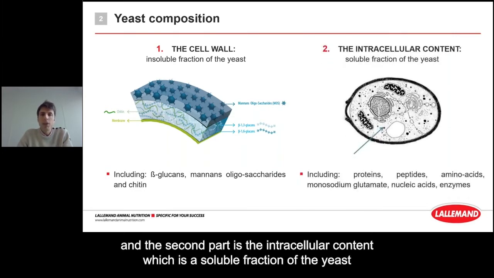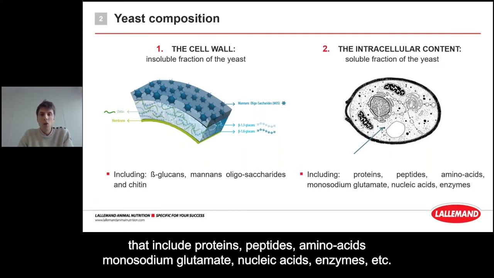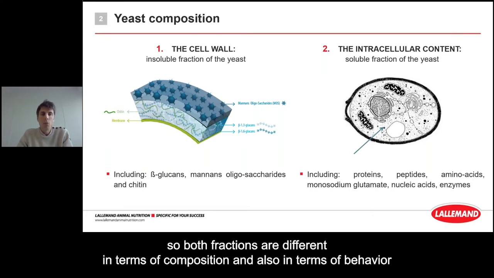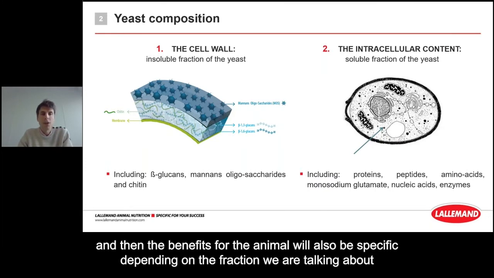And the second part is the intracellular content, which is a soluble fraction of the yeast that includes proteins, peptides, amino acids, monosodium glutamate, nucleic acids, enzymes, etc. So both fractions are different in terms of composition and also in terms of behavior. And then the benefits for the animal will also be specific depending on the fraction we are talking about.